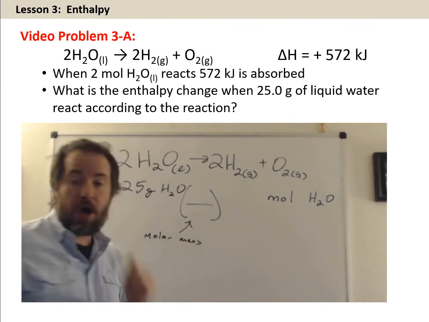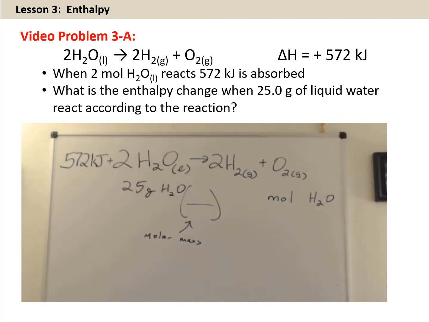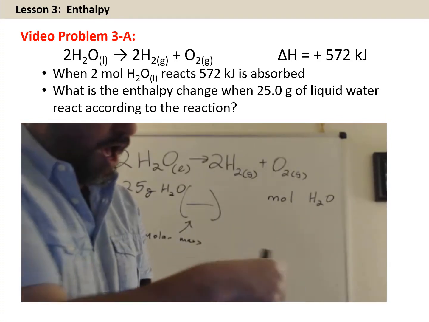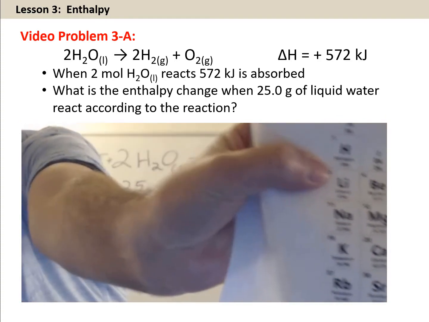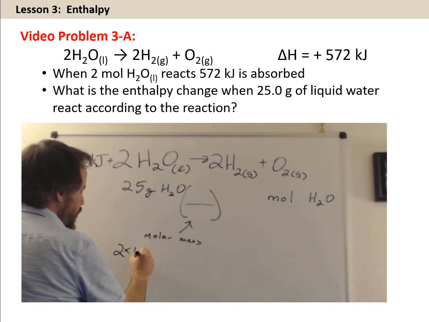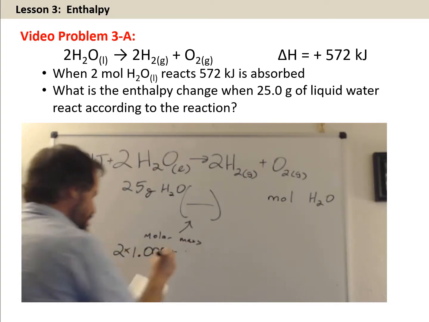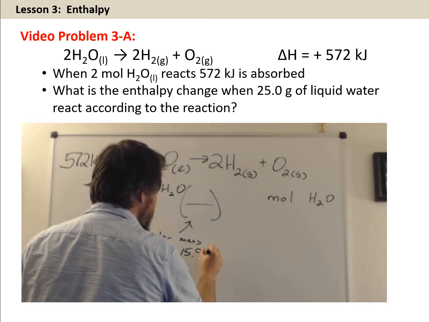This is H2O. So I look at the periodic table. Here I have hydrogen, 1.008. So 2 times 1.008, and then plus 15.999.